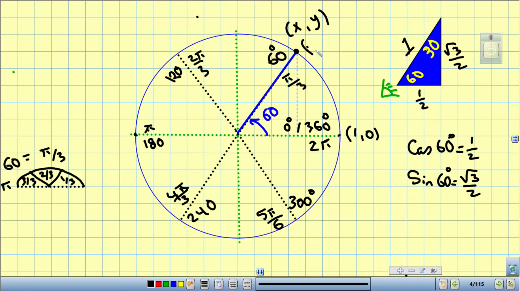So based on what we just found here, what do you think is the cosine of 60? What do I put here for cosine of 60? Yes, you already have done the work for it. It is 1/2. Cosine of 60 is 1/2. How about the sine of 60? Remember, this is cosine. This is sine.